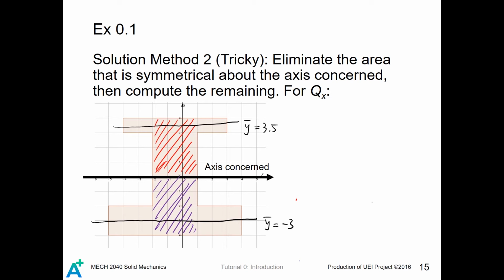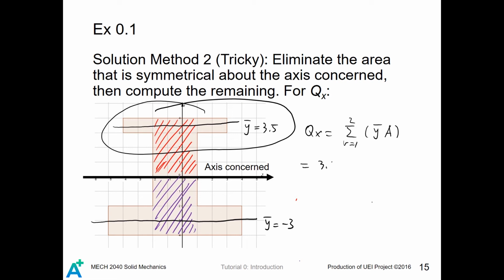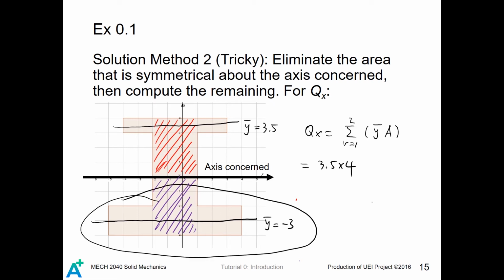Then the first moment of inertia can be written as the summation of r equals 1 to 2 of y_r A_r. Considering the upper 4 blocks, it is 3.5 times 4. Then we consider the 12 blocks below, -3 times 12. It equals 14 minus 36 equals -22, which agrees with our conclusion just now. So in the previous slide, I already showed you that the Qx is -22.